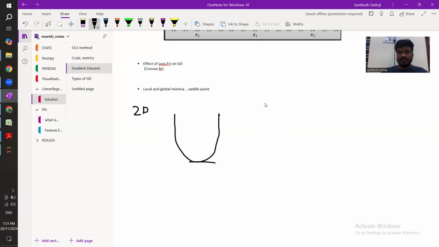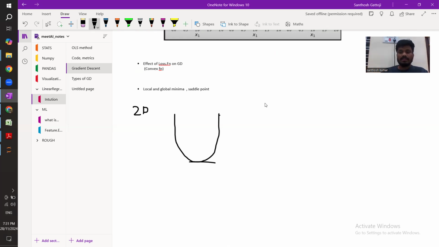For example, predicting house price is my output variable, since we're discussing linear regression. There are three features: number of bedrooms, size of the house, and, let's say, facing of the house. So it is three-dimensional data.